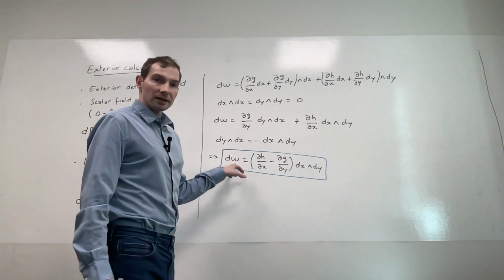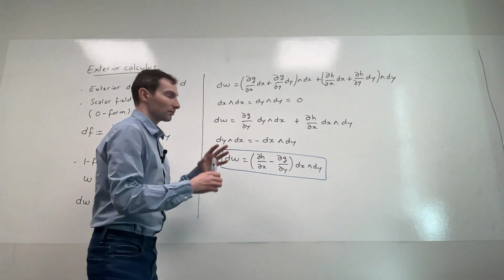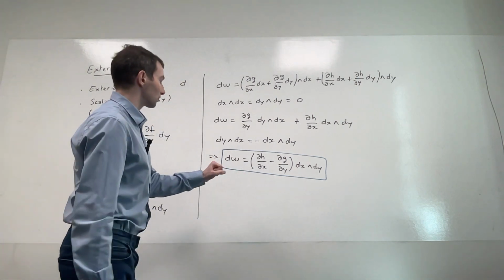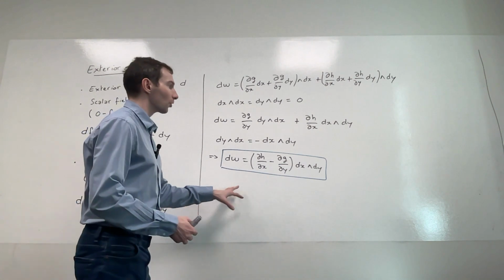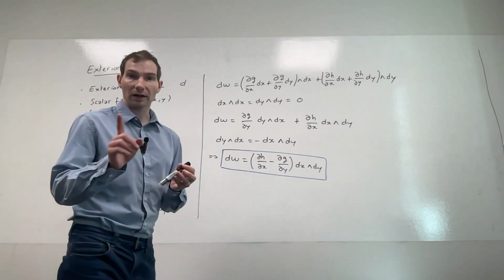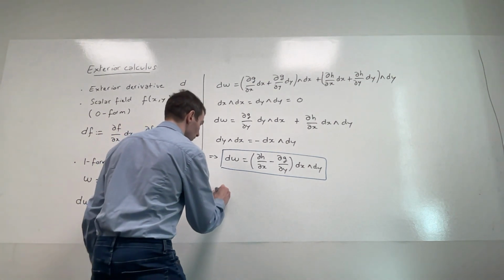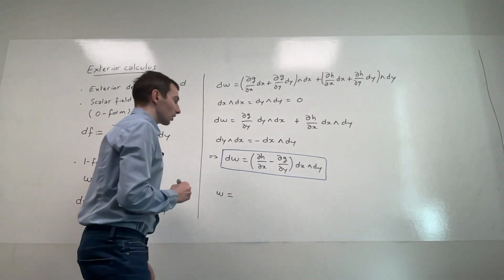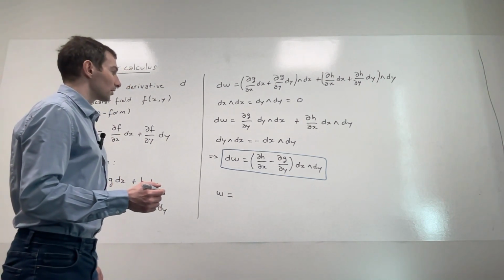And basically that's it. Now, of course, you can extend this. By the same token, if you have a form omega, I invite you to actually look at it. So let's imagine that you've got a form omega, which is equal to the following.